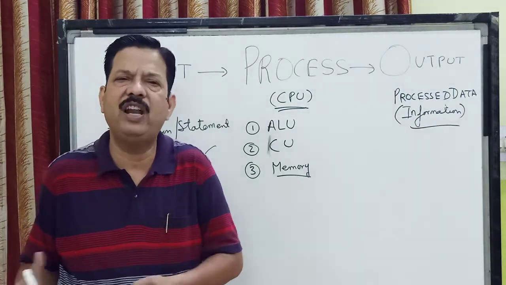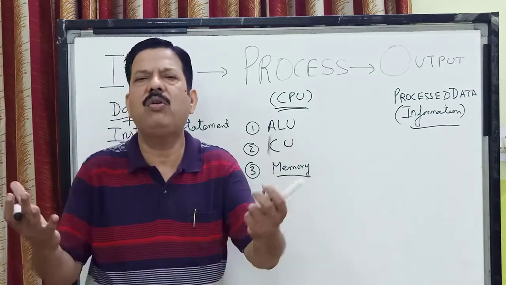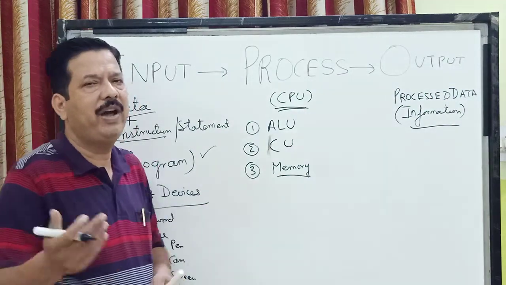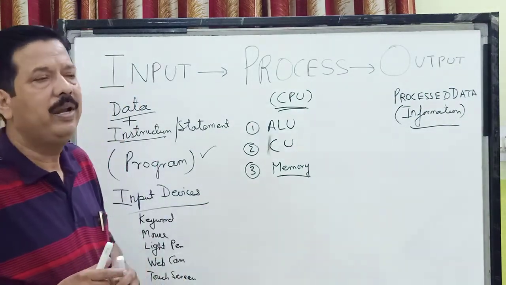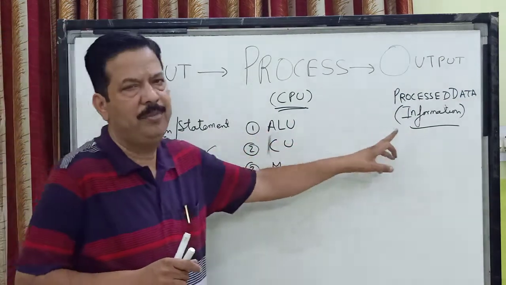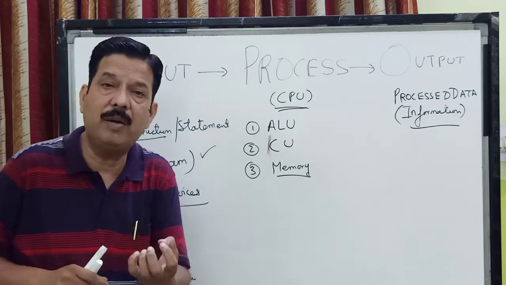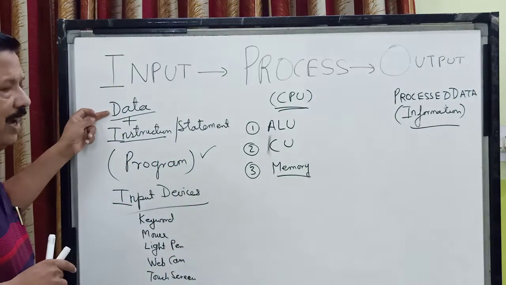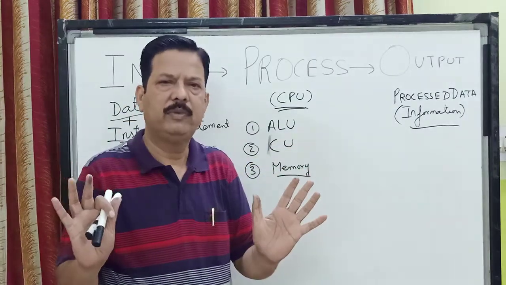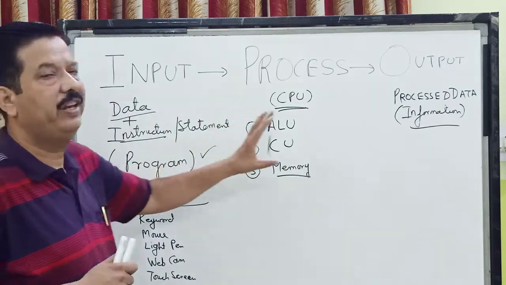That is called the external memory, or the secondary memory, or the auxiliary memory, or non-immediate access memory. If I want to define memory, as I have told you, we are only working with data, instructions and information. So memory is a storage location in the computer which stores data, instructions and information only.